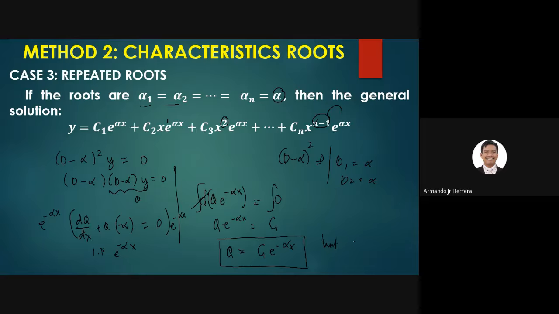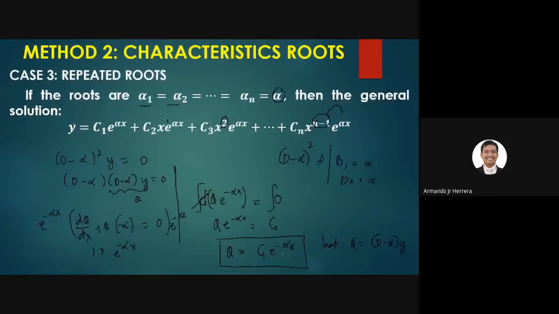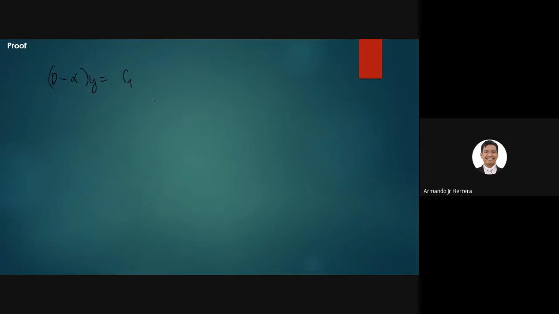But again, q is equal to D minus alpha y. So that gives us D minus alpha y is equal to c1 e raised to negative alpha x. So that's dy dx plus y negative alpha equals c1 e raised to negative alpha of x.